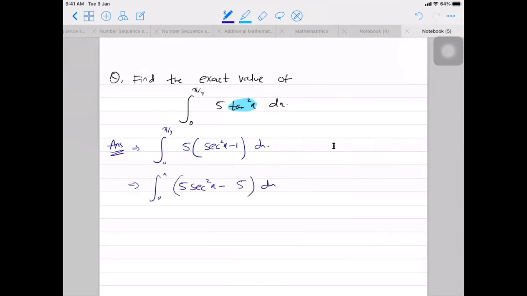Now, what is going to be the integration of 5 secant square x? 5 tan x, not upon 5, because 5 is just a coefficient. If it was in the angle, 5x, then it would be divided, okay? So that is 5 tan x minus the integration of 5, which is 5x. Limits are going to be pi upon 4 and 0. Make sure your calculator is in radian mode. You just have to substitute the limits.